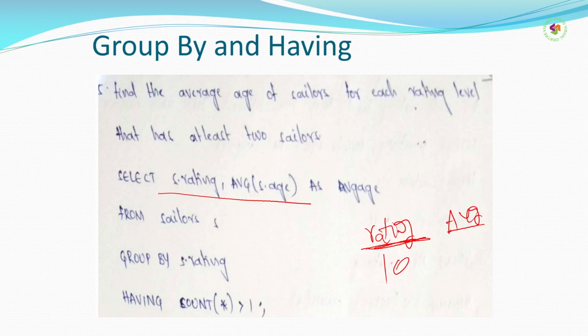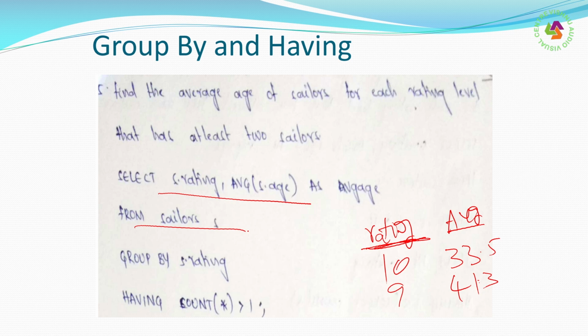For example, if 5 people have rating 10, those 5 people's ages are taken and the average is given, say 33.5. Rating 9 is given to 5 employees, and the average is 41.3. Like that, from sailors.